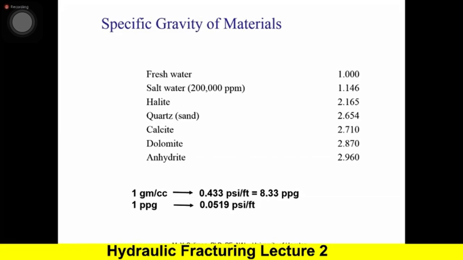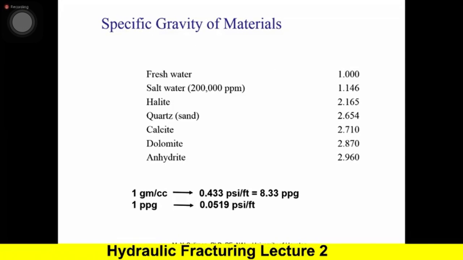So we've done that. This is just a table to give you specific gravity of different materials, in case you get a problem on calculating that stress. So freshwater is 1. Specific gravity is dimensionless.